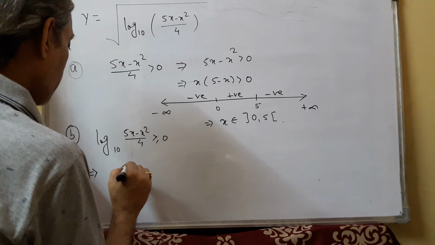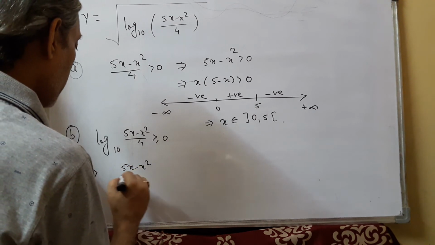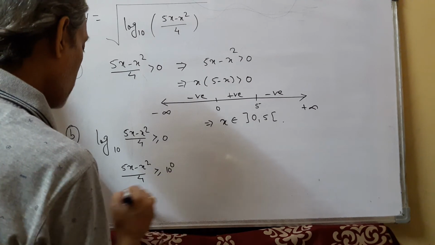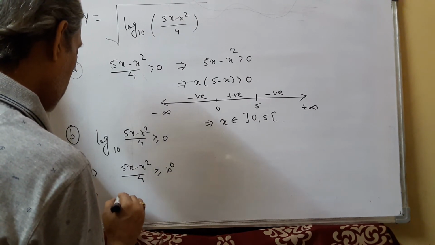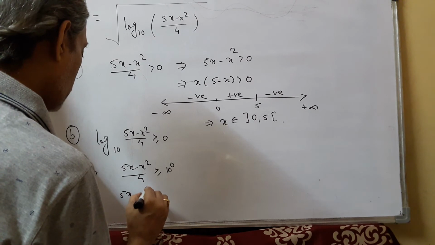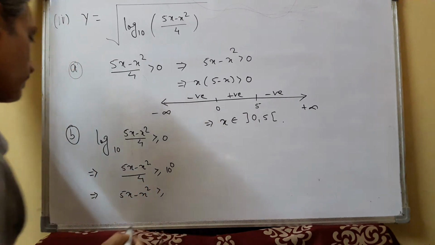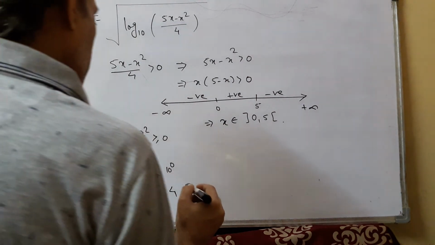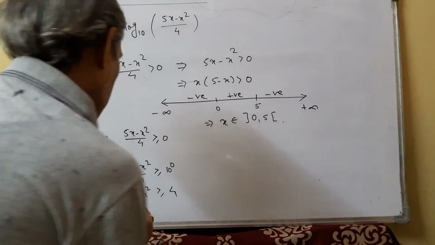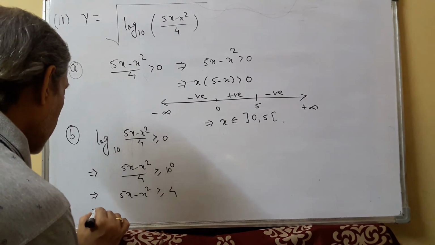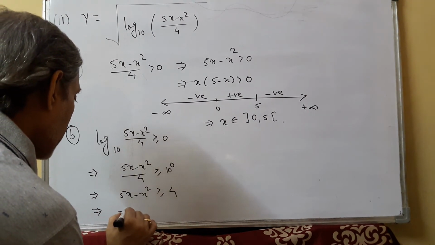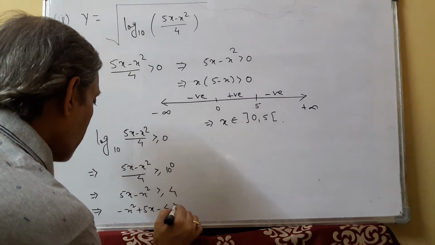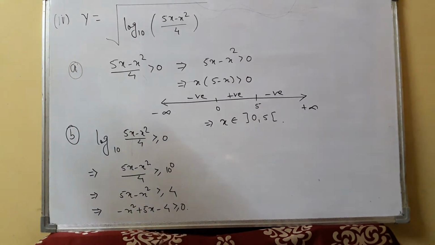This implies 5x minus x square upon 4 should be more than or equal to 10 raised to the power 0. This implies 5x minus x square is more than or equal to 4, since this is 1, this is 4. Now this implies minus x square plus 5x minus 4 should be more than or equal to 0.